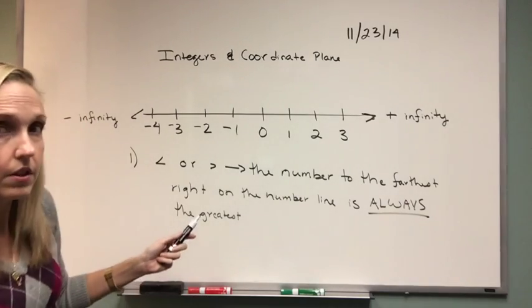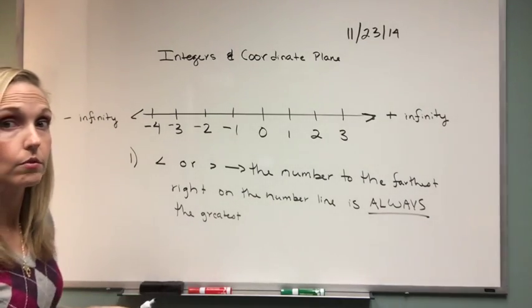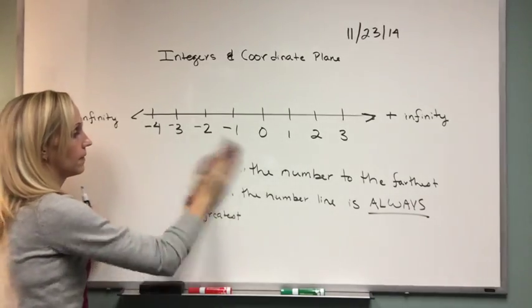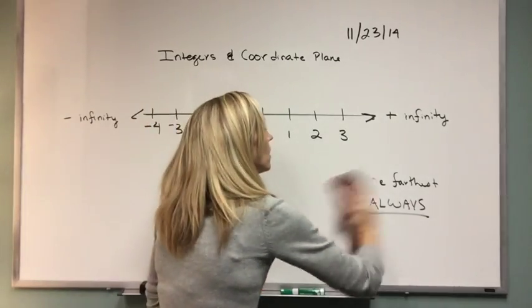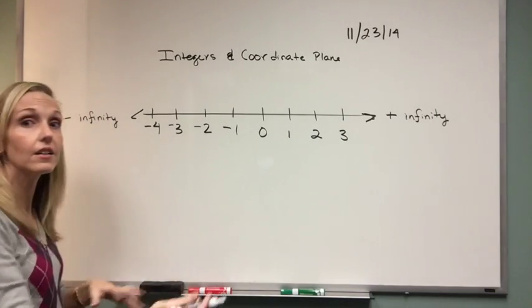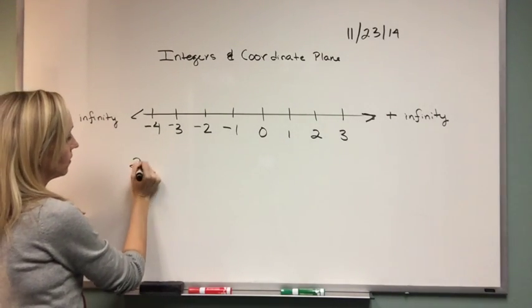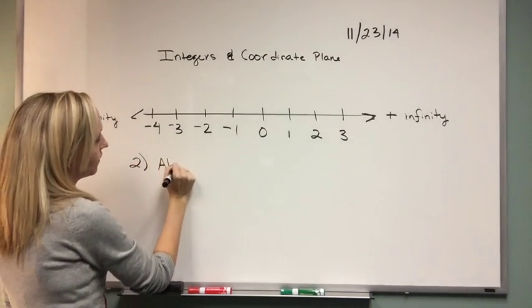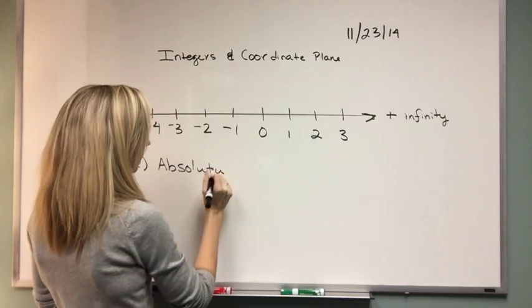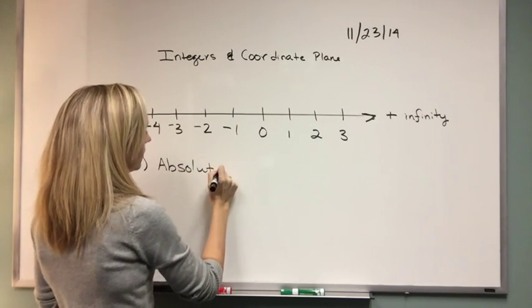We also use the number line to do absolute value. So I'm going to erase. We're still technically under integers. And let's do the definition of absolute value.